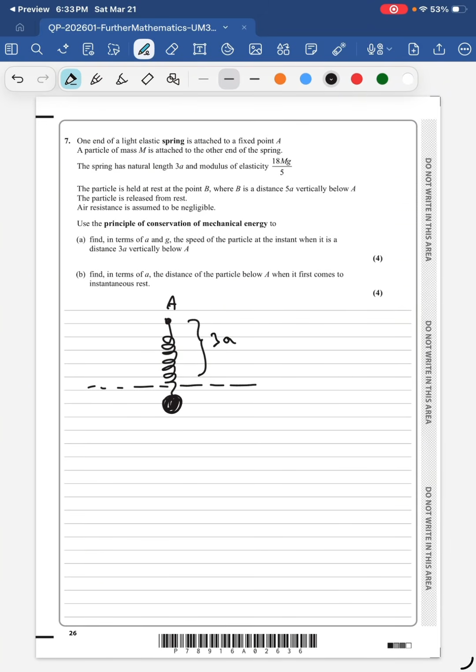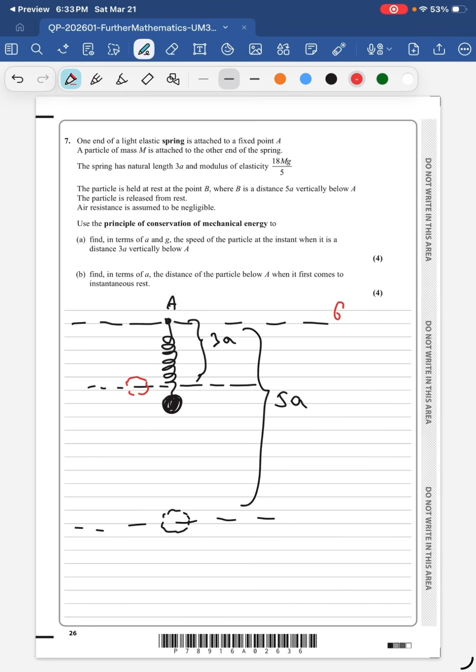And then the idea is that you pull it all the way to 5a. So I'm drawing lines now. That's 3a, and now this is 5a. So you bring it all the way down here, and then you release it. And they ask you to find the velocity when it reaches this point.